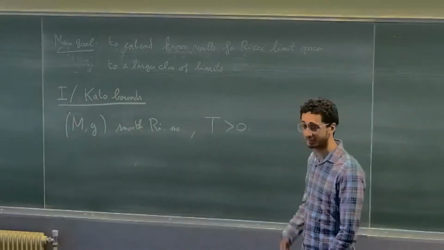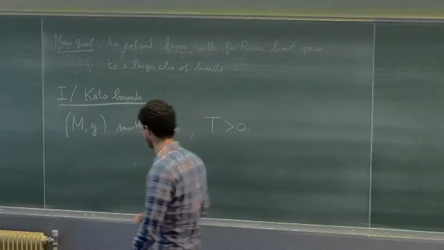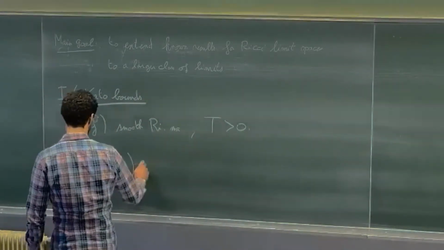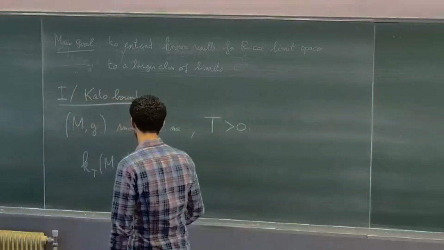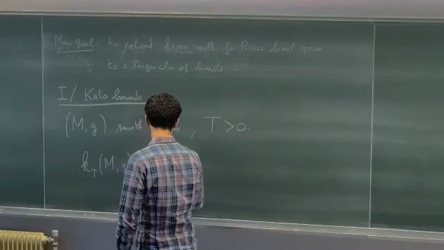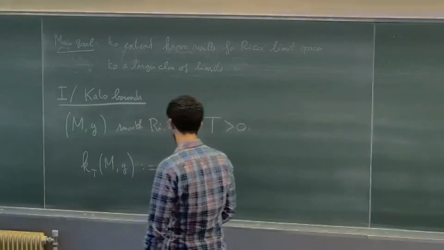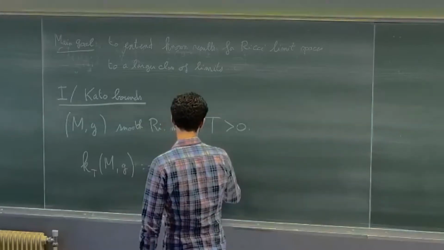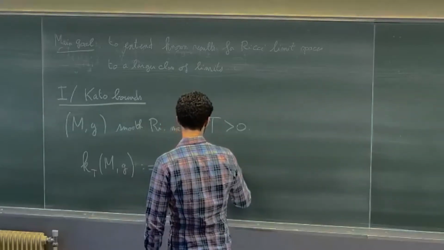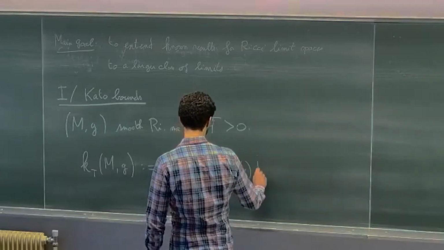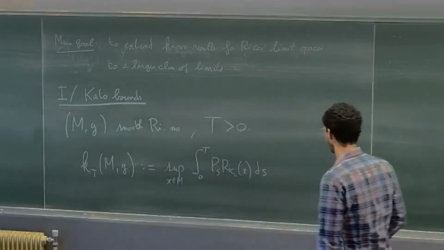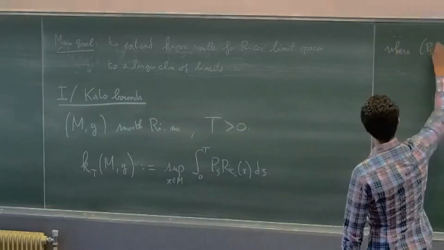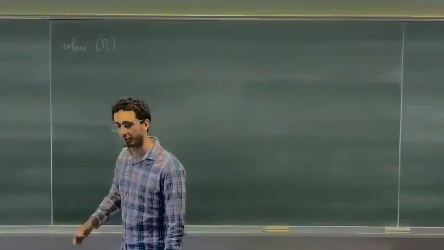Then the main quantity of this talk is K_T(M), which is defined as the supremum over all x in M of the integral between 0 and T of P_s Ricci minus (x) ds, where P_s is the heat semigroup of the manifold.